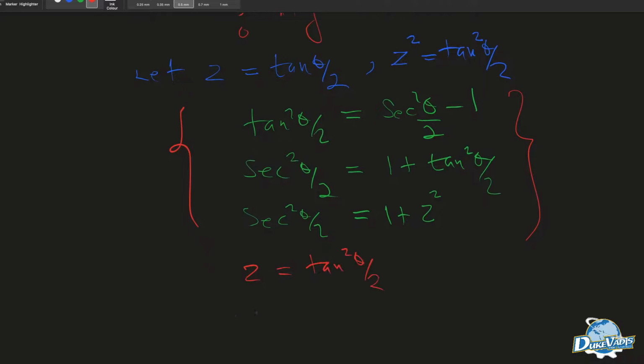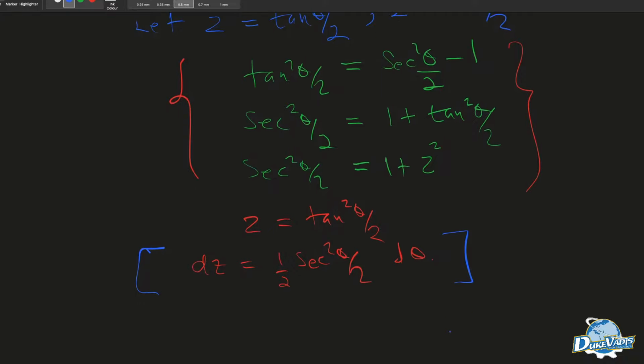When we differentiate this, we are going to get dz equals half sec squared theta over 2 d theta. So with this one, we can also use it as a substituent, so that our integration will be easier for us to manipulate.